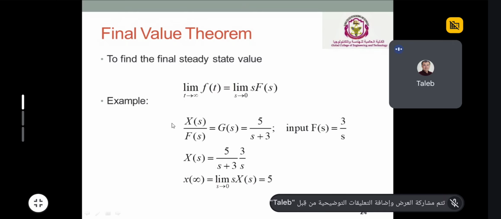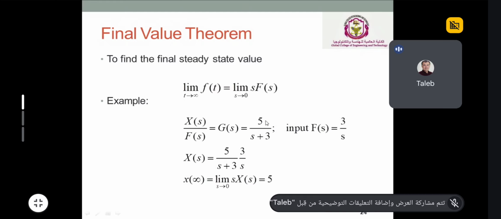So when we find the output F of s, which we found before because we know the system modeling, the transfer function, and the input, we multiply these two, and that is the output in the Laplace domain.